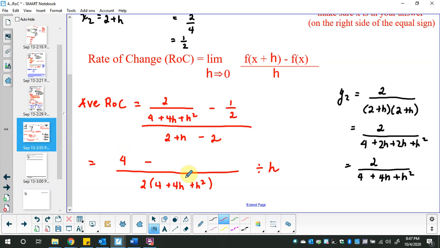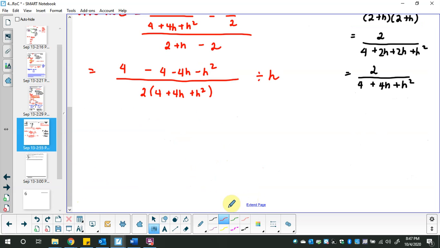Lay down a subtraction sign, and if you think you can handle it, multiply all these pieces by -1. So -4, -4h, -h squared. You have to decide whether you're capable of that or not.